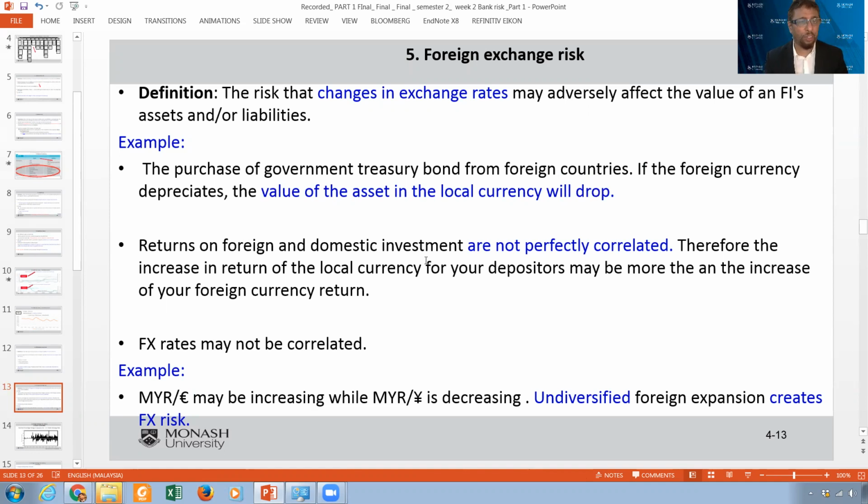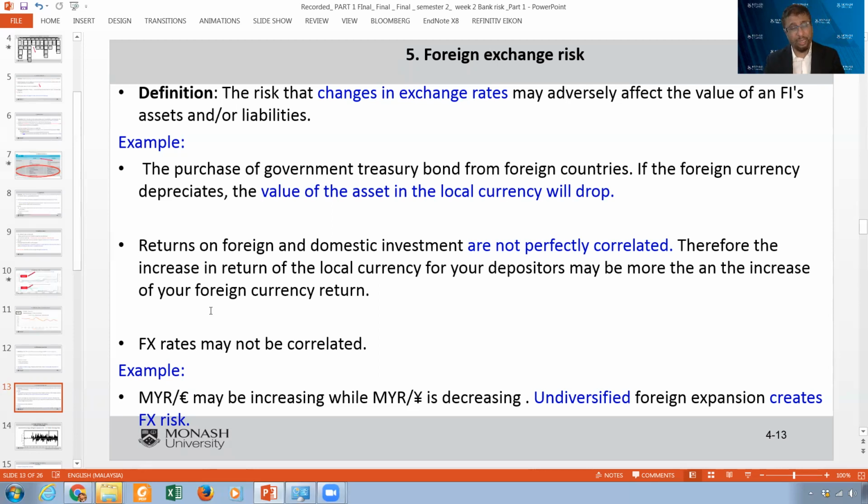Returns on foreign and domestic investments are not perfectly correlated. Therefore, the increase in return of the local currency for your deposits may be more than the increase of your foreign currency returns because of the foreign exchange problem. Foreign exchange rates may not be correlated.